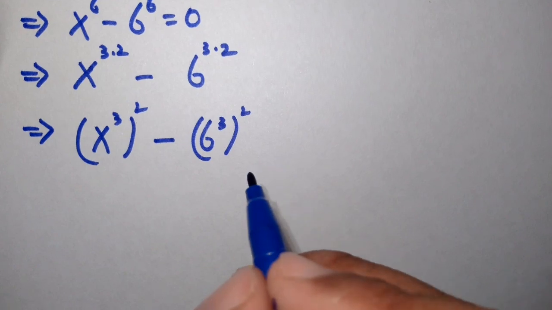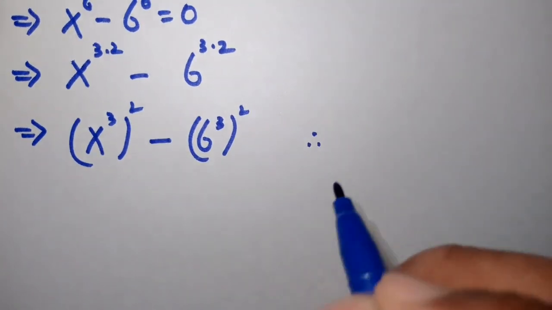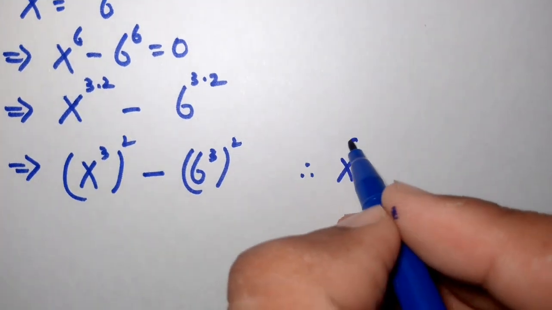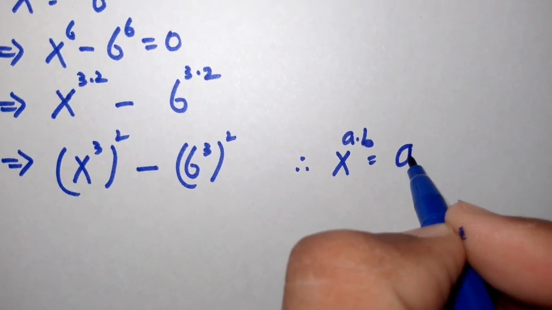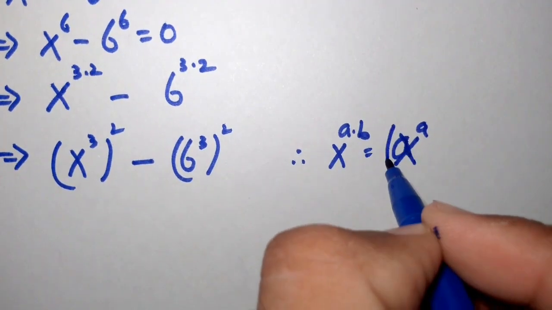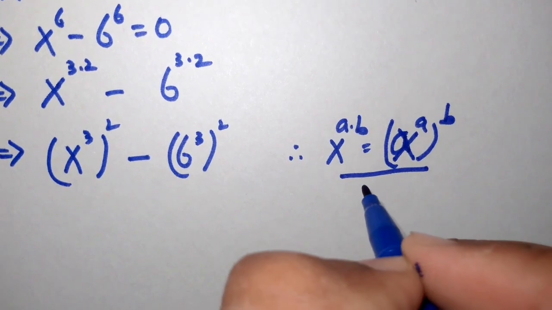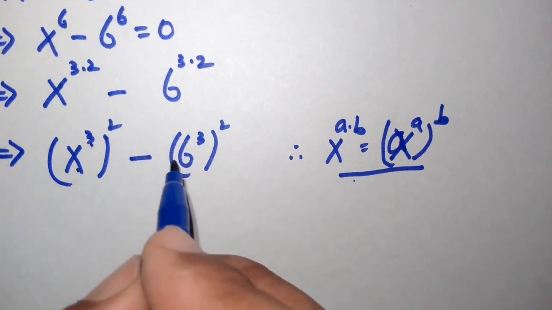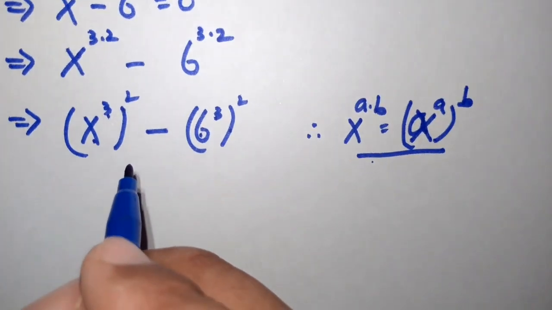We know that x to the power of ab can be written as (x^a)^b. So we apply this rule here. This will become (x^3)^2 minus (6^3)^2. Here we have to solve this.